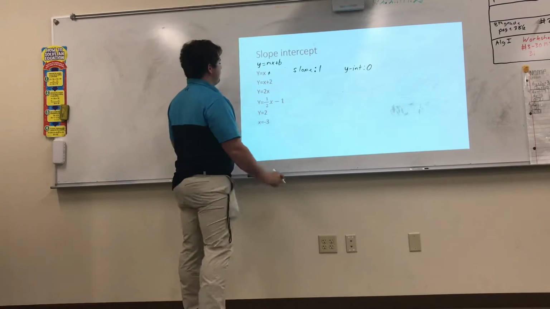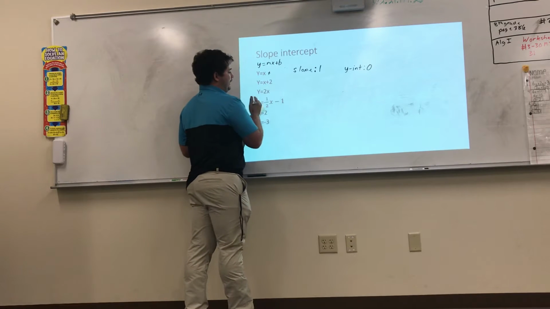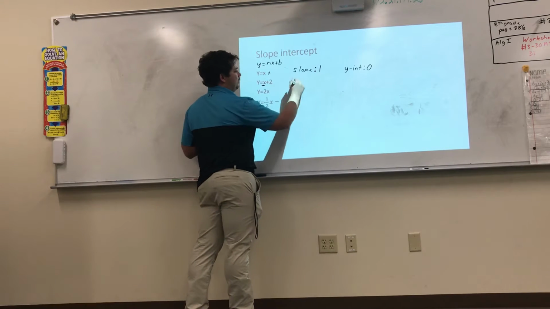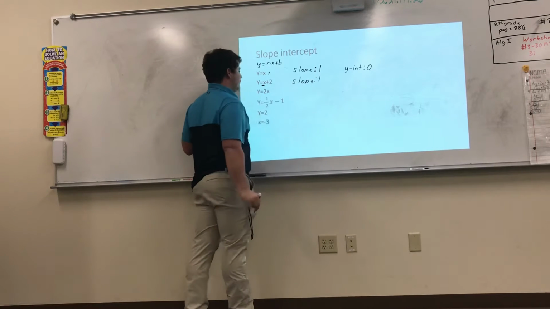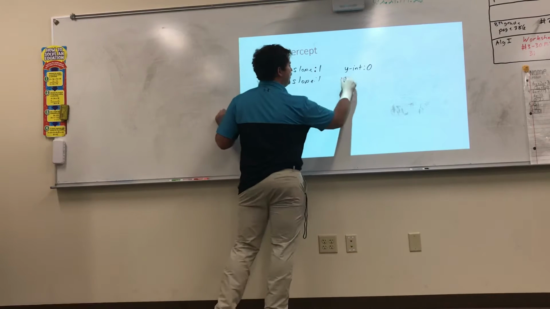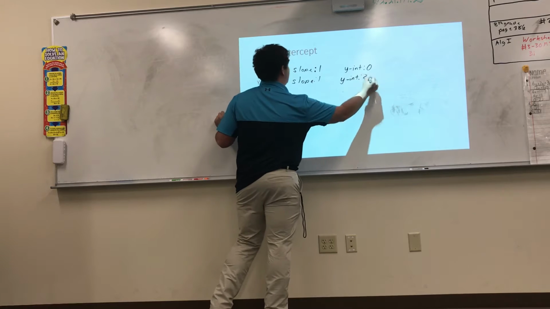Then on this one, you do the same thing. What's in front of my x? Nothing, but it's still x, so slope has to be 1 again. This is going to be my y-intercept, because that's what's subbed in for b in the other equation.